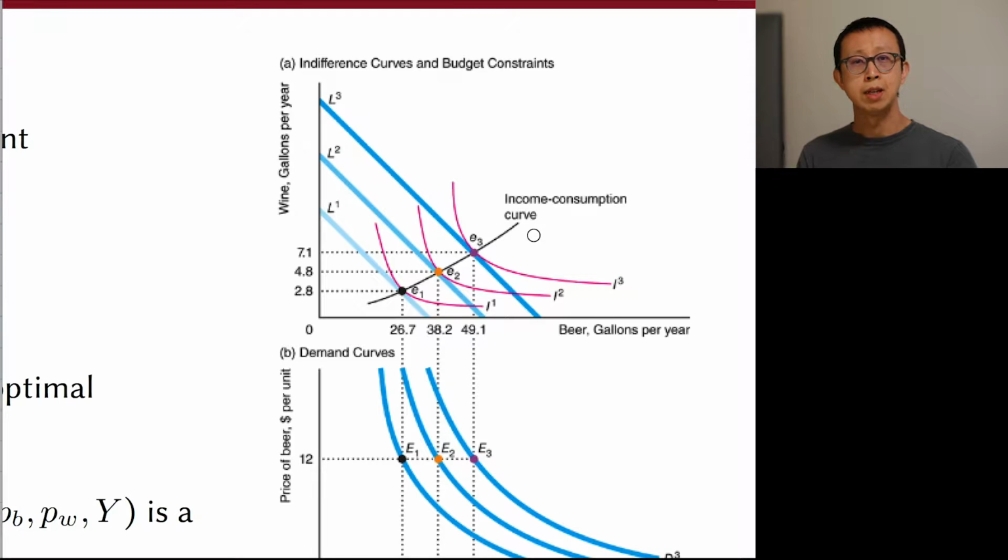In this graph, as the optimal consumption bundle moves up, it corresponds to higher and higher demand for beer, which is a horizontal good. So it corresponds to demand of 26.7 initially, moves up to 38.2, and then to 49.1. And for wine, that increases from 2.8 to 4.8, and then to 7.1 for our vertical good, which is wine here.